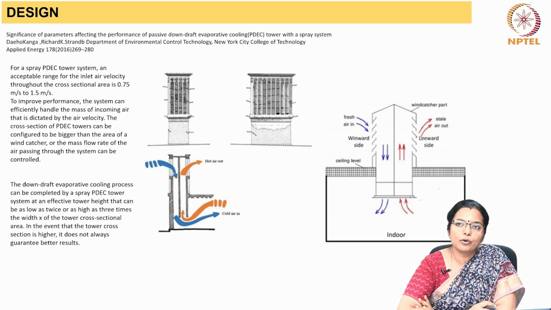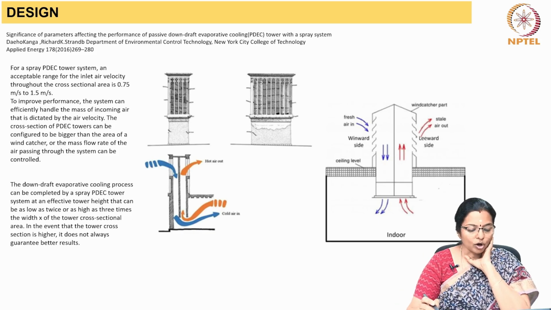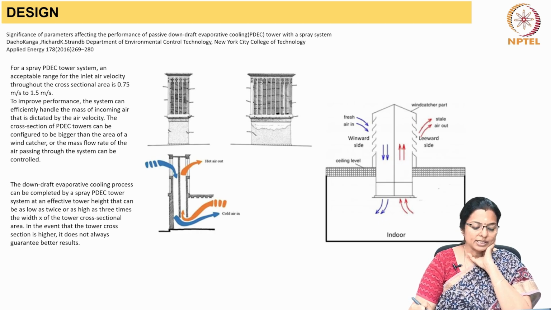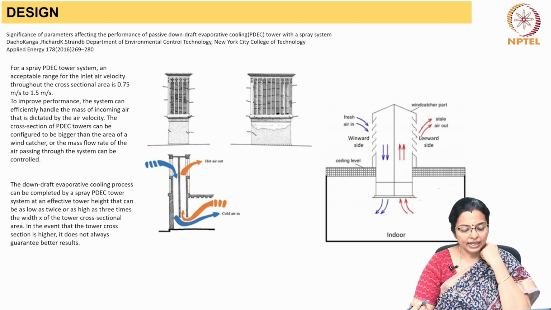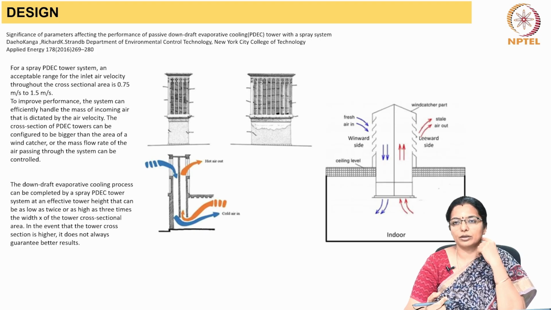To improve performance, the system can efficiently handle the mass of incoming air that is dictated by the air velocity. So the cross section of PDEC towers can be configured to be bigger than the area of a wind catcher, or the mass flow rate of the air passing through the system can be controlled.